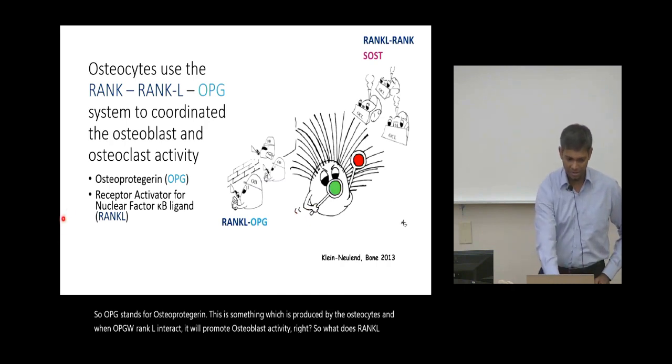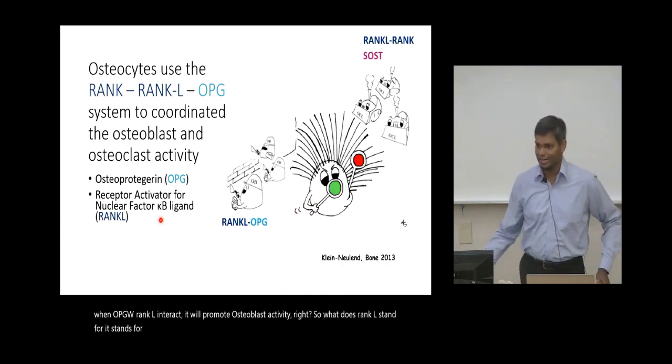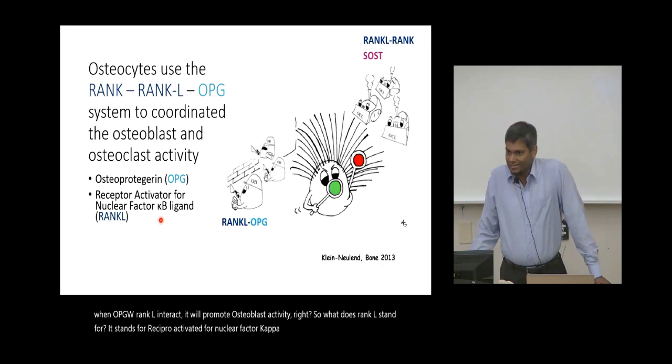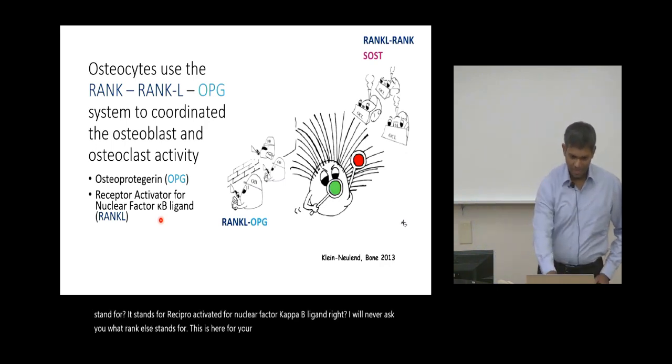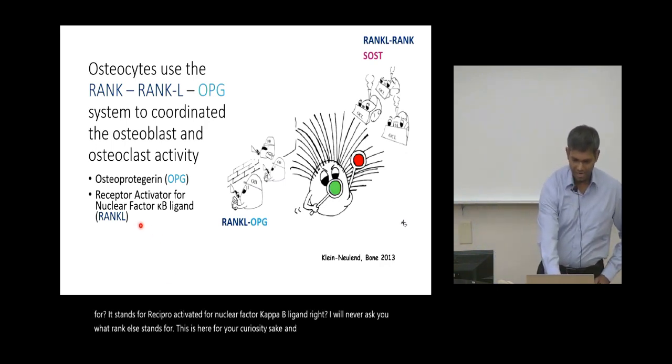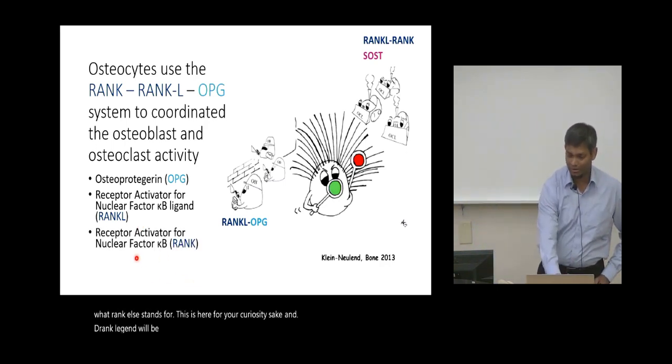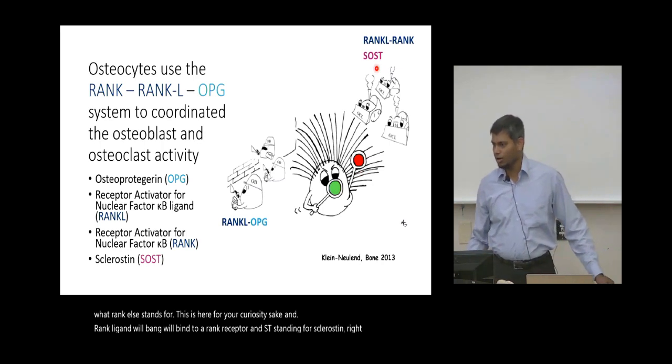It stands for receptor activator of nuclear factor kappa B ligand, right? I will never ask you what RANKL stands for. This is here for your curiosity's sake. And this RANK ligand will bind to a RANK receptor, and SOST standing for sclerostin, right? So what are all of these things?